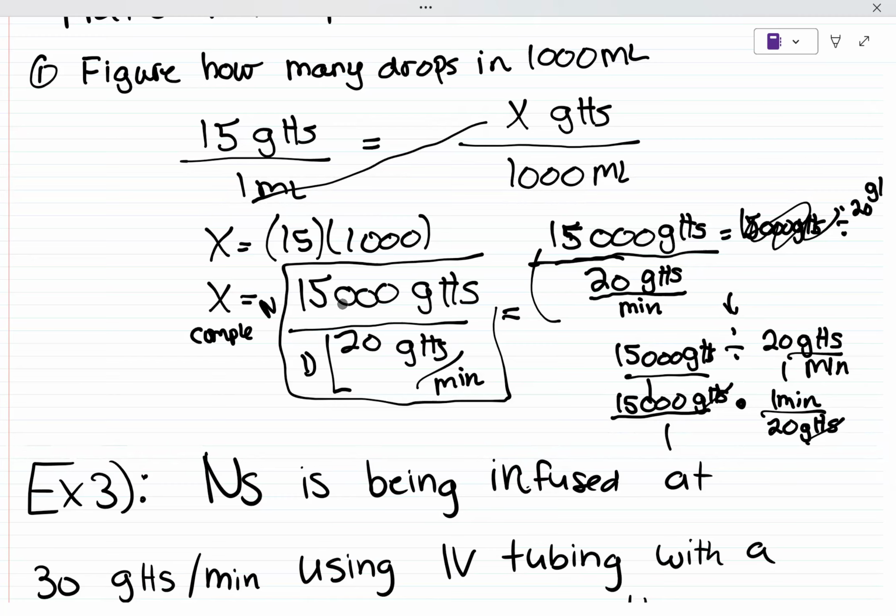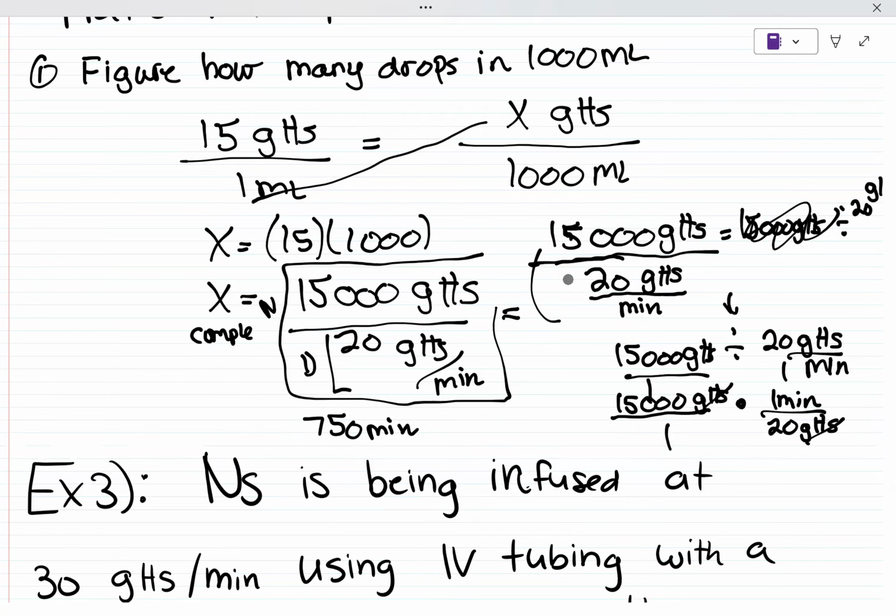So when you're multiplying fractions, multiply across. So it's 15,000 over 20, which is 750. And then what is our unit? Minutes. I wanted to show you how the drops per minute disappears and your final unit is minutes. I just wanted to show you because later on you're going to do more complex fractions and you need to know how to simplify complex fractions. So if you have a complex fraction, rewrite it.